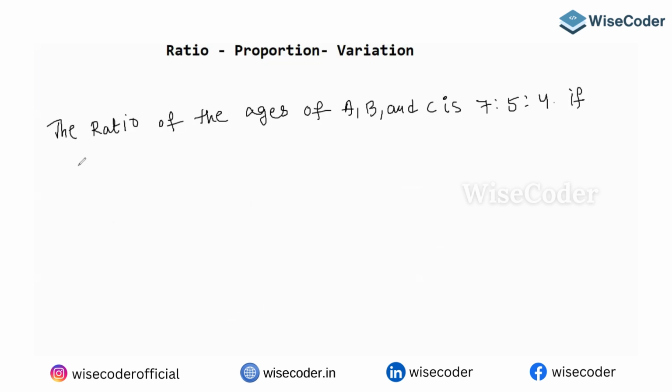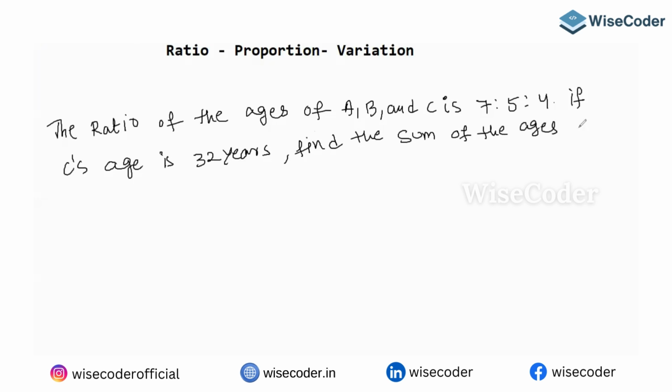If C's age is 32 years, find the sum of the ages of A, B and C, in years. Okay, please pause the video and try to solve this question.